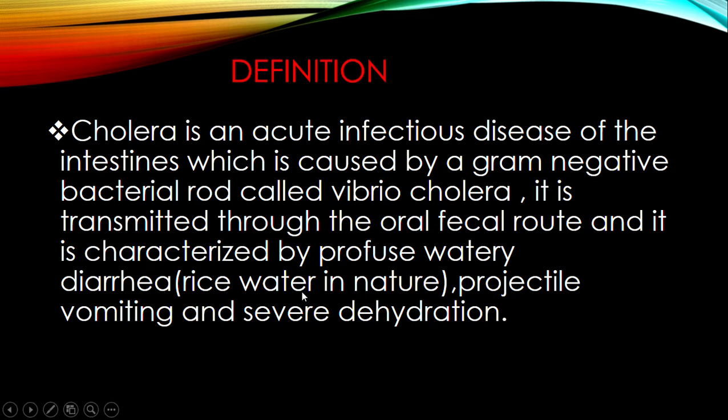Remember that when you are defining a condition or a disease, you have to mention the system that it affects, the cause, the mode of transmission, and of course the signs and symptoms. Make sure that you mention those four important points, and when you include them, you are sure that you are able to get the 5 marks that they usually ask for.